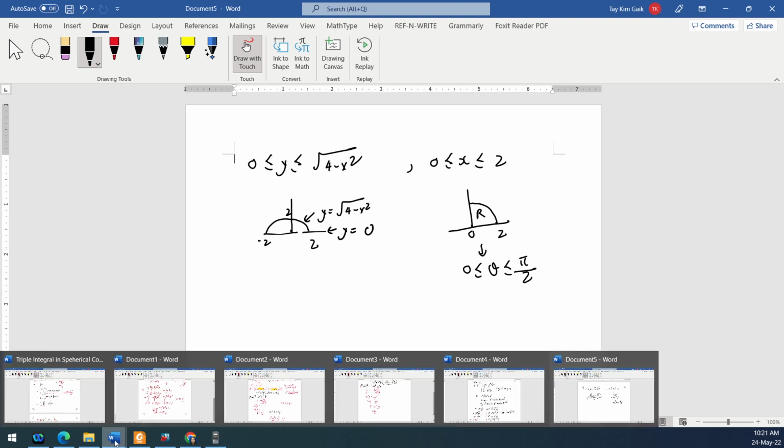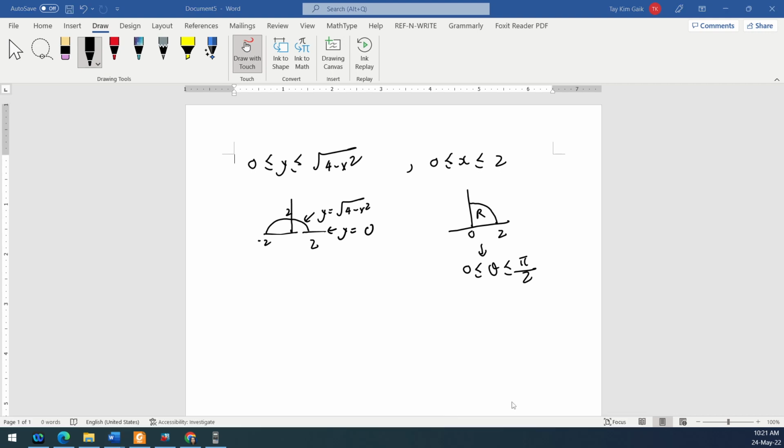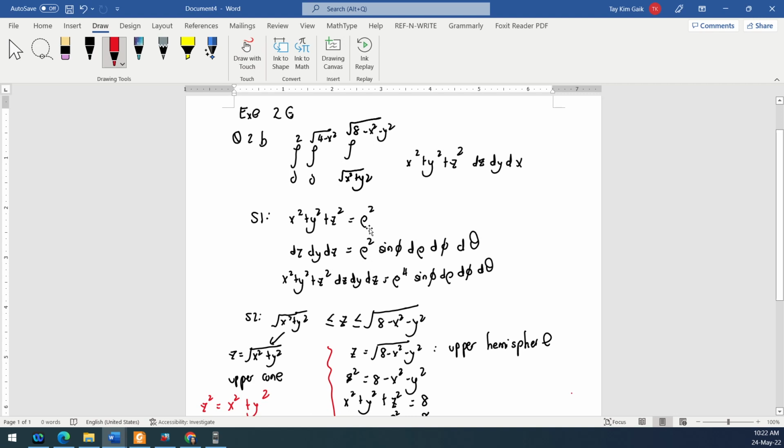Okay, so now you put back everything. The integrand is now rho to the power 4 sin phi d rho d phi d theta. Then rho is 0 to square root of 8, phi is 0 to pi over 4, theta is 0 to pi over 2.